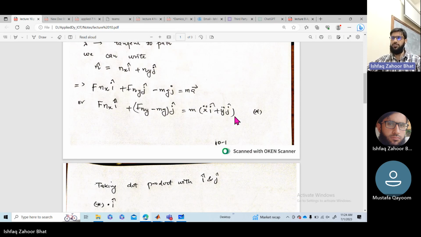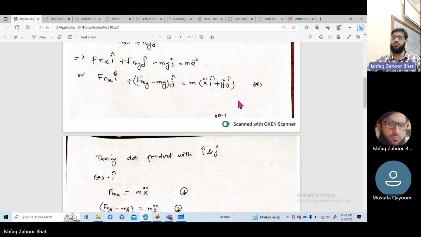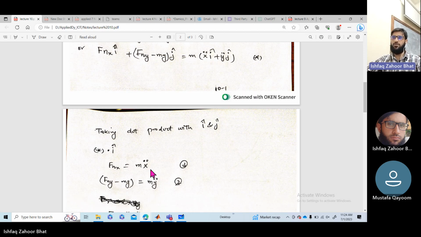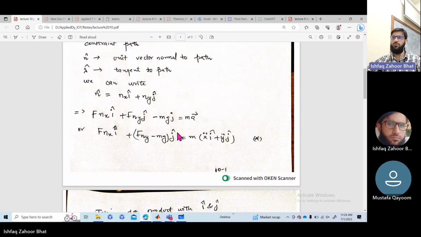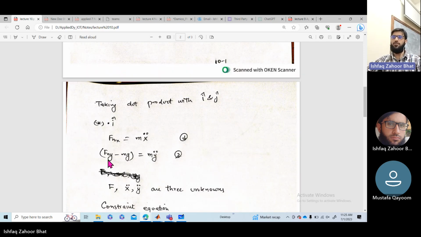Now this is a vector equation, so we can break it down into two scalar equations. Taking the dot product of this equation with i, we get F nx equal to m x double dot, because the dot product of j with i is 0, and the dot product of the other term with i will also be 0. So we are left with F nx equal to m x double dot. Similarly, taking the dot product with j, we will get the second equation.